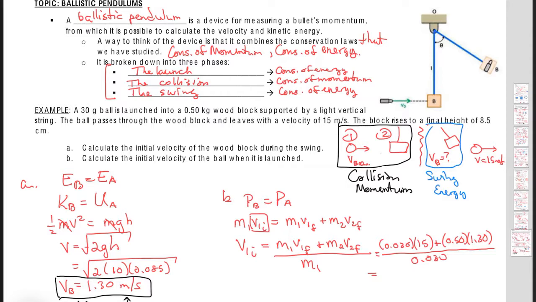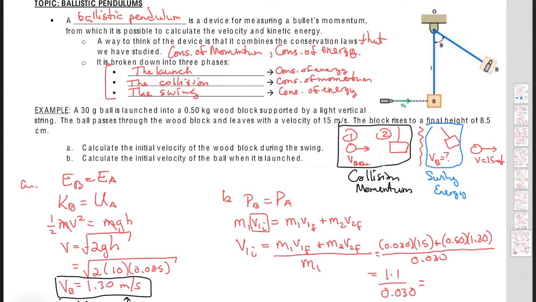Again, I apologize for leaving my calculator at school. So I got 0.030 times 15 plus 0.5 times 1.30. So the top is 1.1, and I'm going to divide that by 0.030.